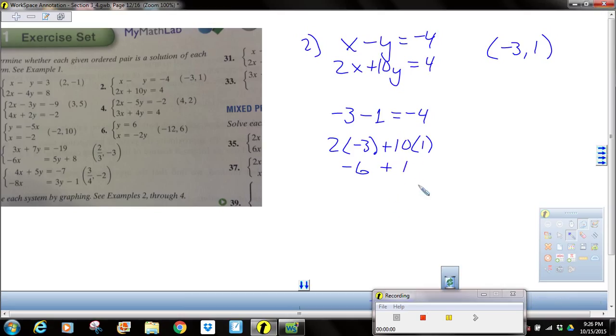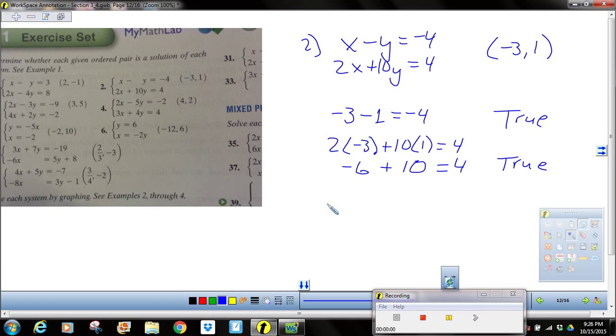There we go. 10. And that is equal to 4. So since both of them are true, I can say that negative 3, 1 is a solution.